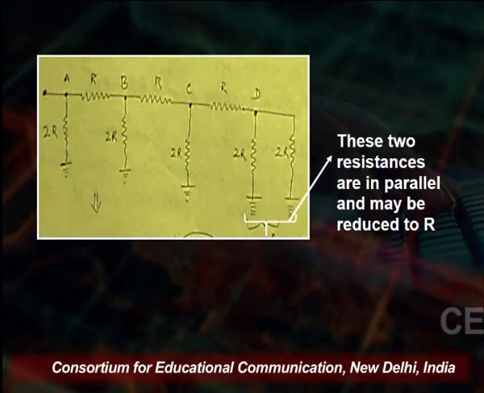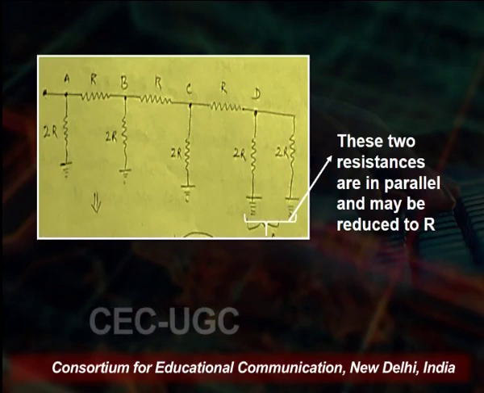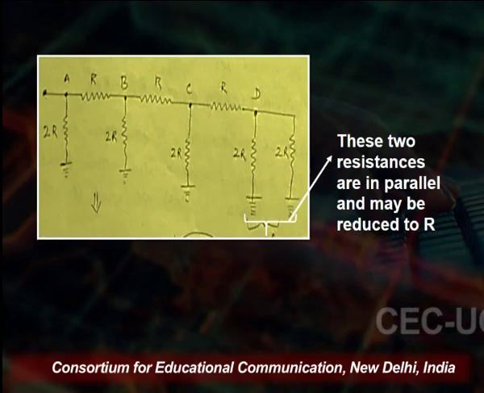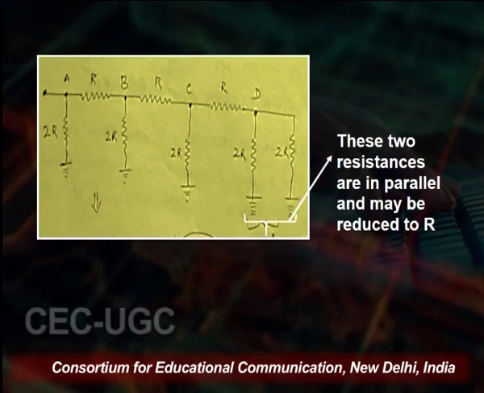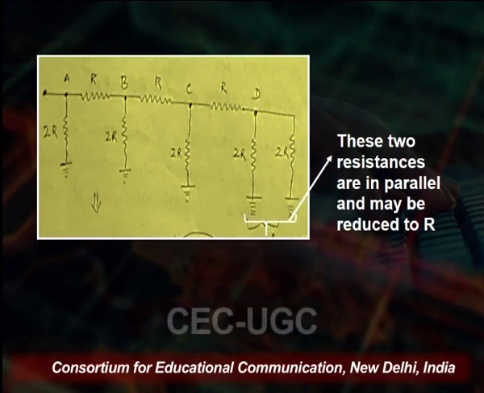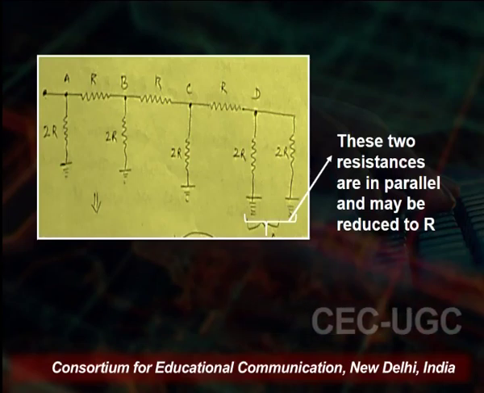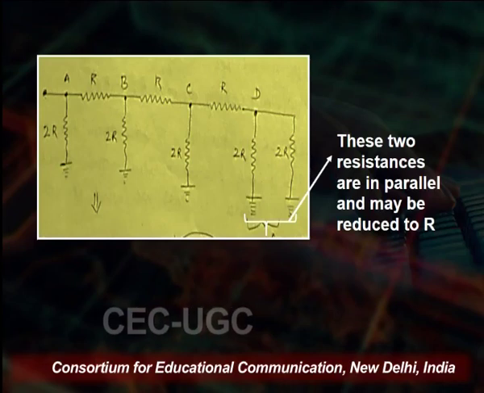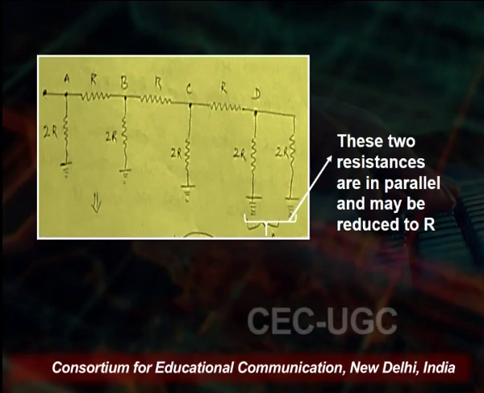If we look at this circuit, we will find that we end in a 2R, and as we go back we have an R, then again a 2R, again R, and this forms a kind of ladder. These 2 resistances are sometimes taken to be in parallel, and we will see how this is minimized.